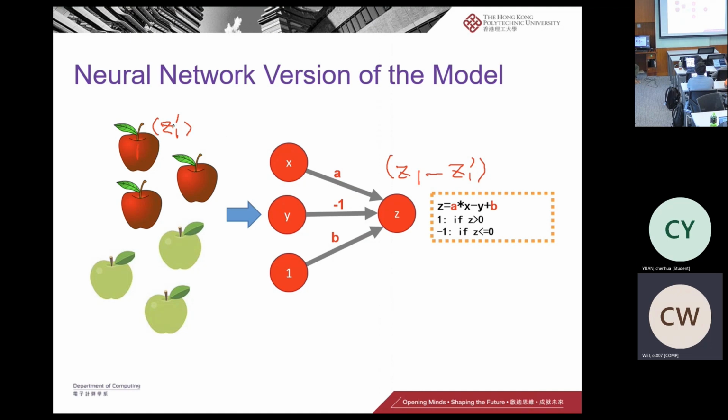Z1 prime is the expected label for this, and it's 1 as well, right? So let's say Z for apple 1, number 1. For number 1, you're going to have a value here, like Z1. You can compare it back to the expected ground truth here.